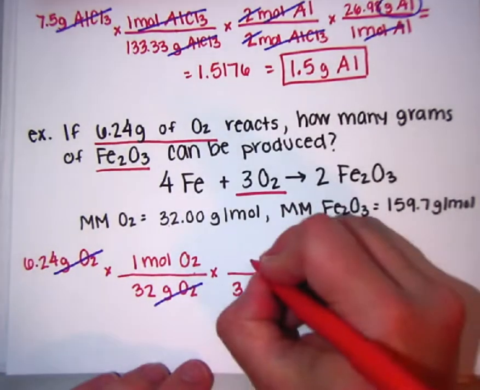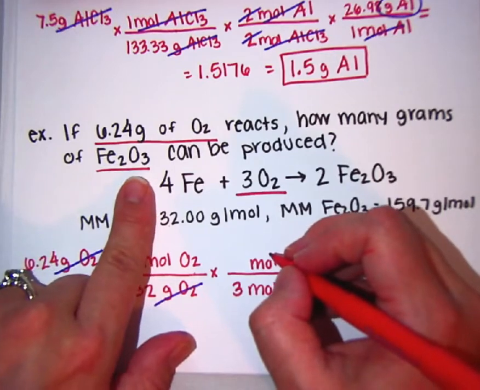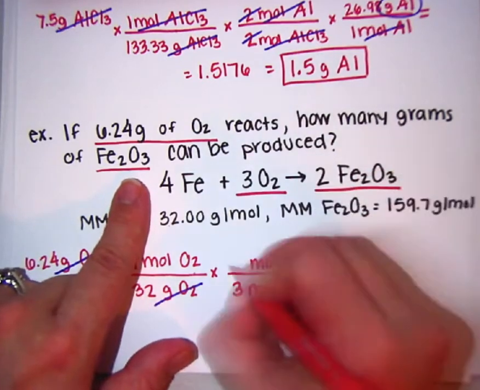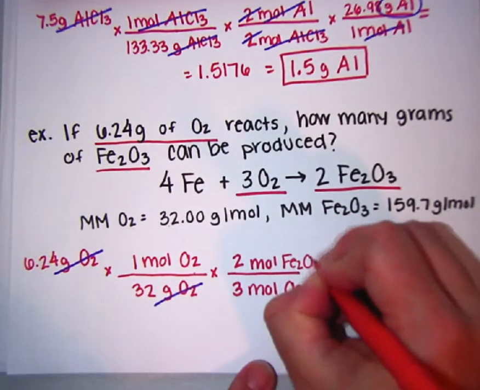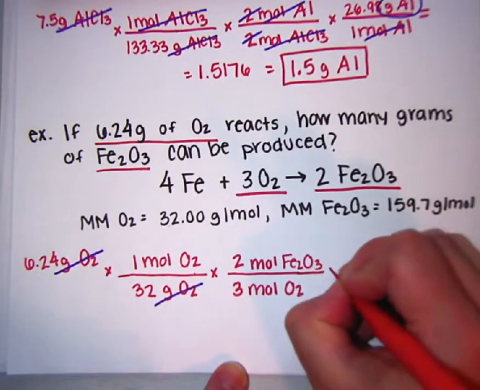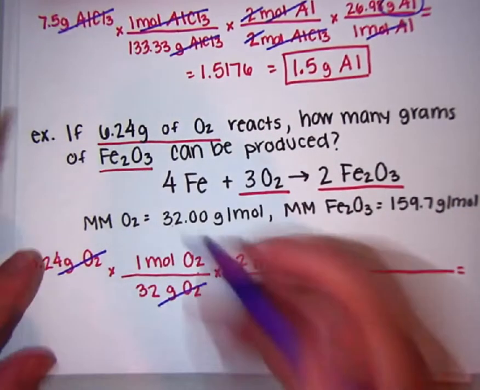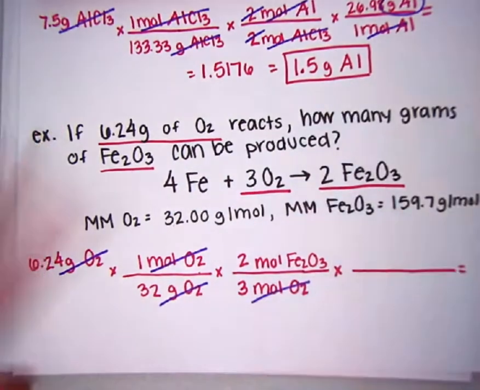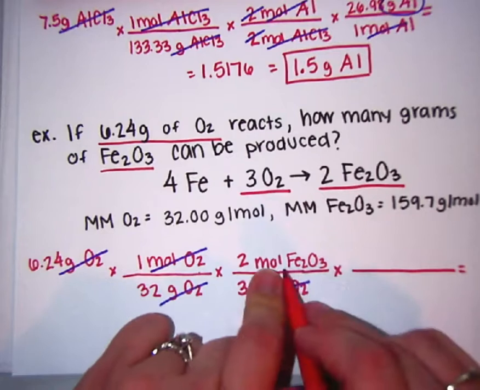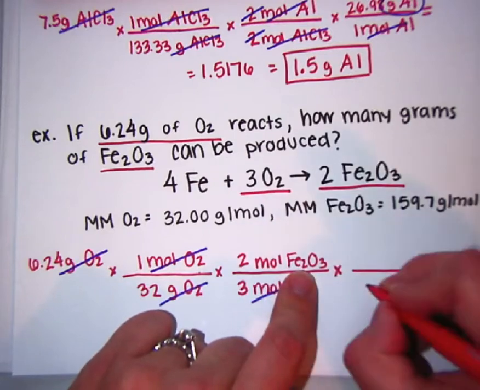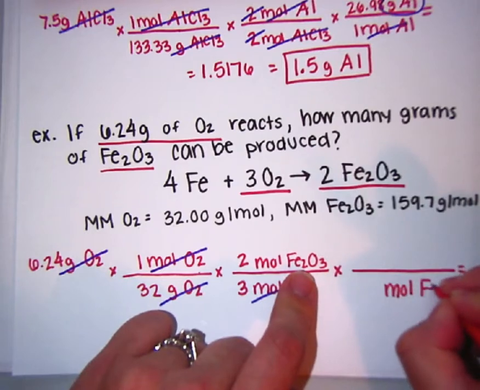Whatever you're solving for goes in the numerator. I'm solving for iron 3 oxide, 2 moles Fe2O3. So again, moles of oxygen divided by moles of oxygen cancel. Units are automatic. This should be moles of iron 3 oxide.